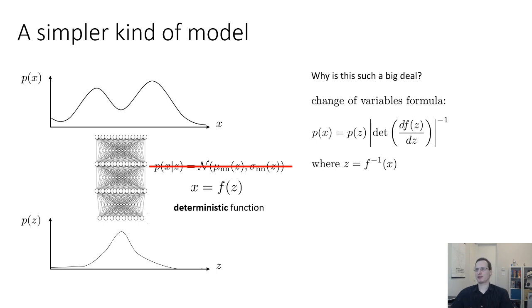So that's the math behind it, but for practical purposes, what this formula tells us is if we can calculate the determinant of the Jacobian df dz, and we can calculate the inverse, f inverse of x, then we can implement a model of this sort with a deterministic function that maps z's to x's. So the determinant is just a correction for the change in local density due to f.